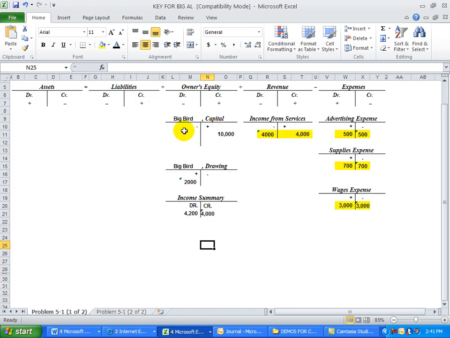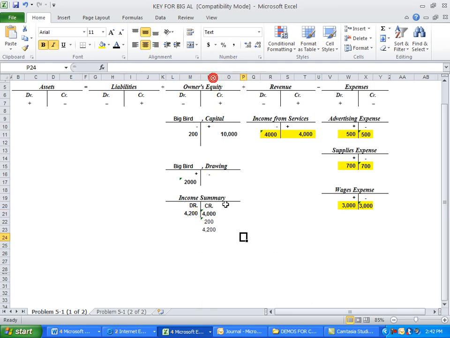So here we go. Capital is going to go down by 200. And income summary, we're going to credit it for 200. And now if we do that, this is going to have a footing over here of 4,200. Let me make that a little bigger here.